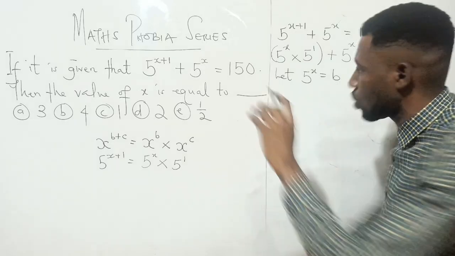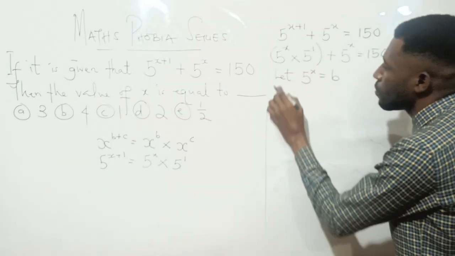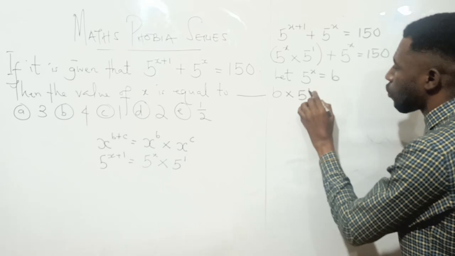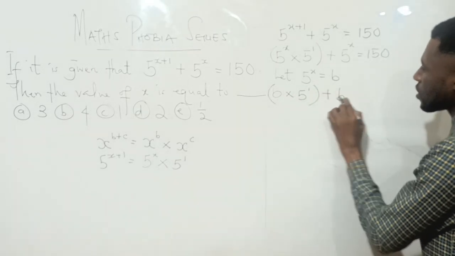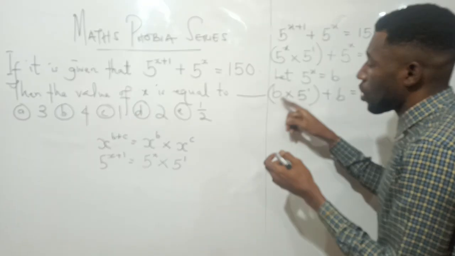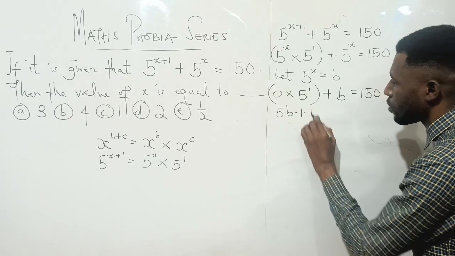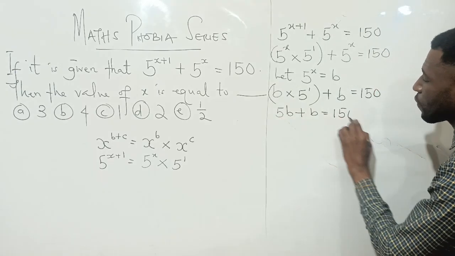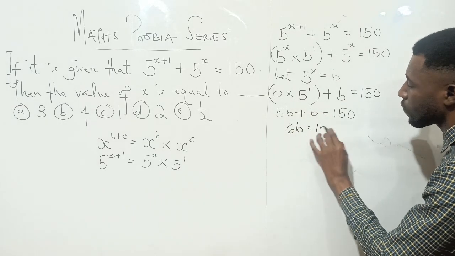If I replace 5^x with b, I have b times 5^1 plus b equals 150. So I have 5b plus b equals 150, which gives us 6b equals 150.